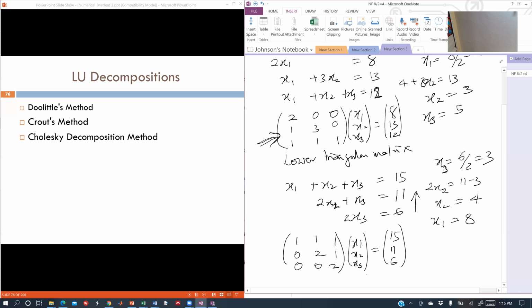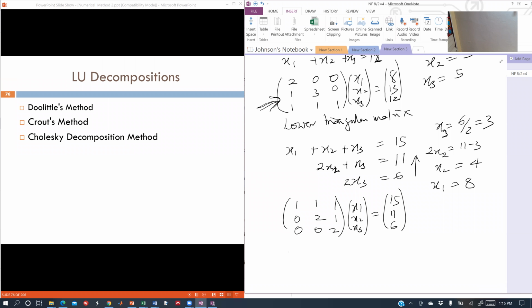This is a system where the coefficient matrix can be described as an upper triangular matrix. And this kind of system is also easy to solve, just as the lower triangular one.